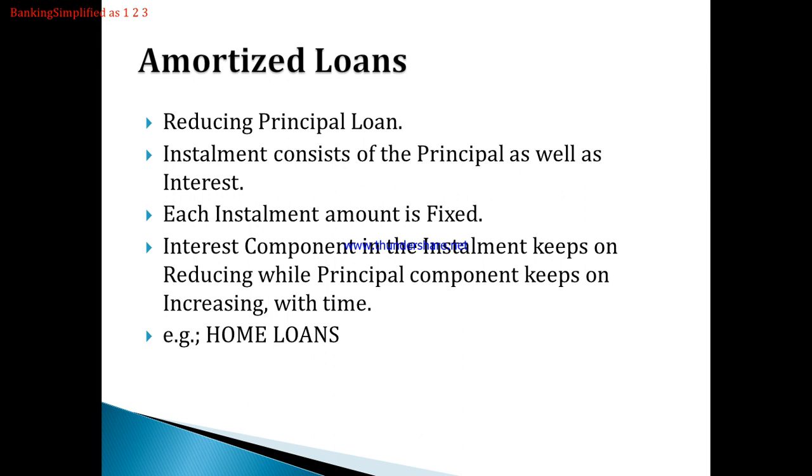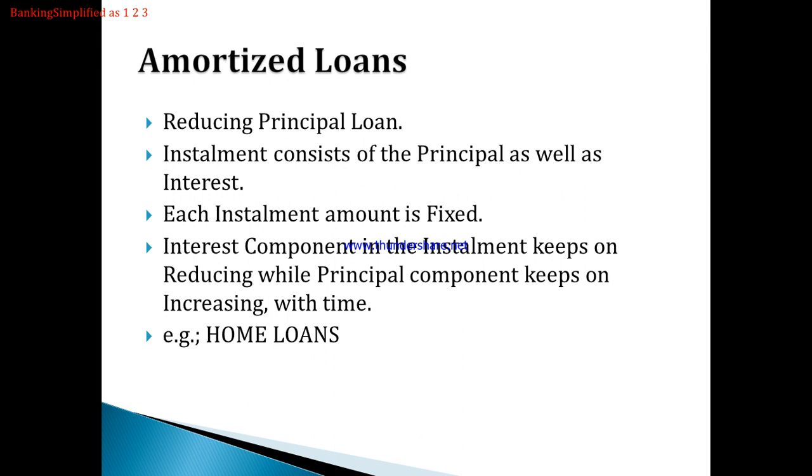Now, what basically happens? Consider you are taking a loan of rupees 10 lakh and you tell the bank that you want to repay your loan in 20 years. The bank will offer you a loan at a rate of 10%, and the schedule in which you have to repay will be monthly.